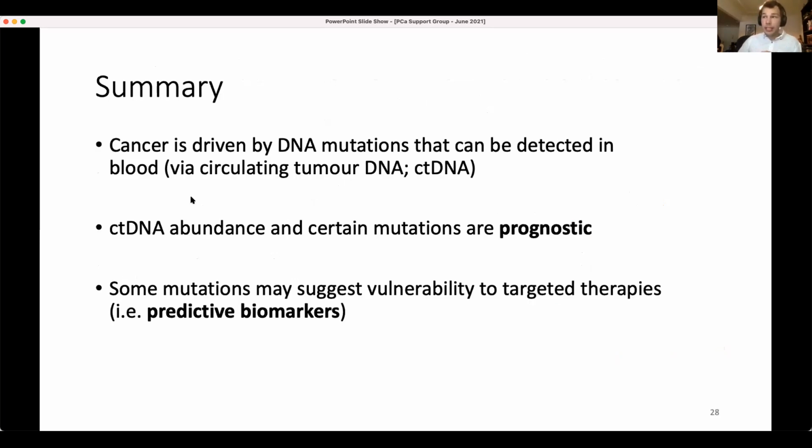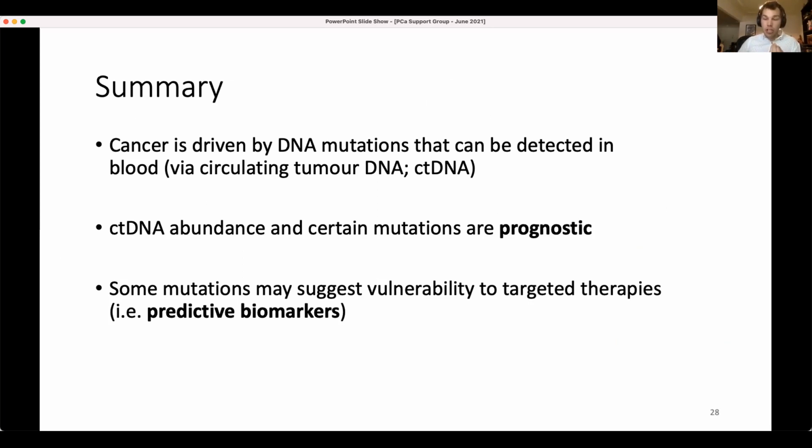So in summary, cancer is ultimately driven by mutations in the DNA, and we can detect these mutations using a simple blood test. The amount of circulating tumor DNA that we see in the blood is a useful source of prognostic information, as are specific mutations that we see in the tumor DNA. And then most excitingly, some of the mutations that we may pick up using our blood test might actually suggest a patient's disease is really vulnerable to specific therapies.